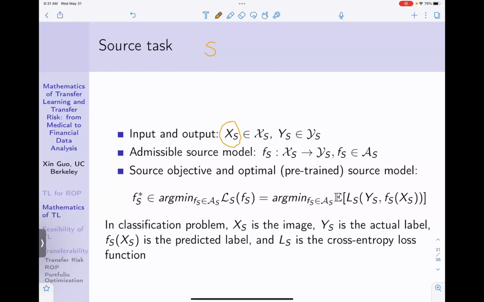If you think about the classification problem of this retina image, X_S is the retina image. And then what you want to do is say, given the image, whether it's 0 or 1, 0 meaning negative, 1 is positive. So this is why Y_S is the label. You have this label space. So this is called input, image; output is your classification.